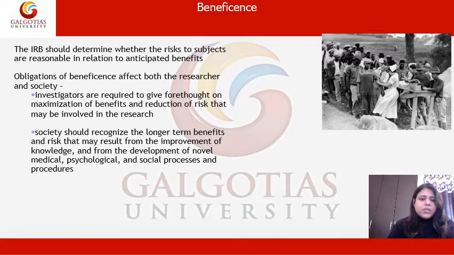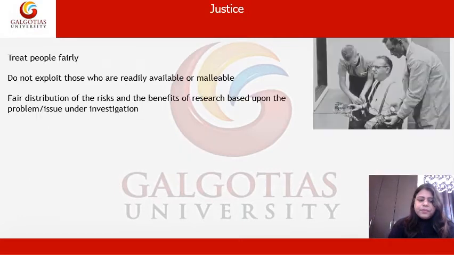Society should recognize the longer-term benefits and risks that may result from the improvement of knowledge and from the development of novel medical, psychological, and social processes and procedures.